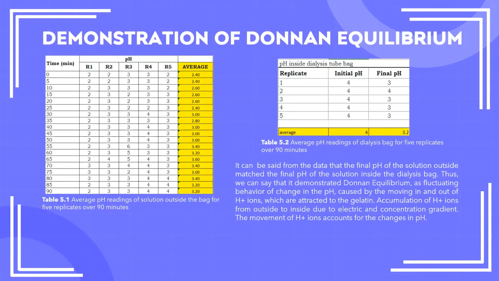We can say that there is a fluctuating movement in the H plus ions, in which these H plus ions are stimulated by the gelatin added in the solution. The accumulation of H plus ions from outside to inside due to electric and concentration gradients account for the change in the pH of the solution inside the dialysis bag and the solution outside the dialysis bag.